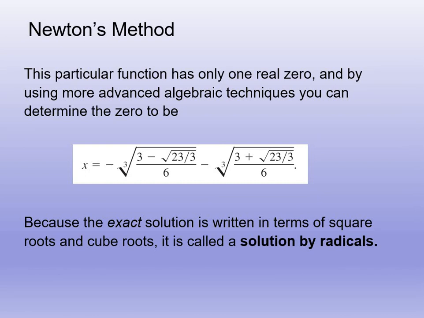If we have an exact solution written in terms of square roots, cube roots, or fourth roots, we call it a solution by radicals. Don't get too lost in this section. It's really about understanding Newton's method and doing a few iterations to see if you get close to the real zero.